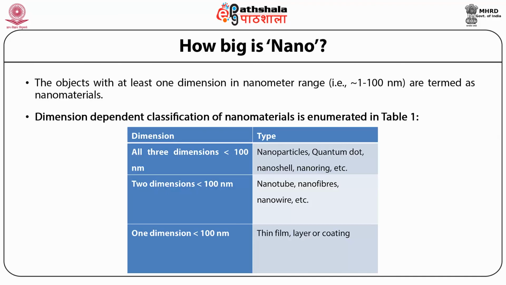If we have all three dimensions less than 100 nanometer, then we say it is a nanoparticle, a quantum dot, nanoshell, or a nano ring, etc. If we have two dimensions less than 100 nanometer, then we say it to be a nanotube, nanofibers, nanowire, etc. Next one is having one dimension less than 100 nanometer, then we say it to be a thin film, a layer, or a coating.